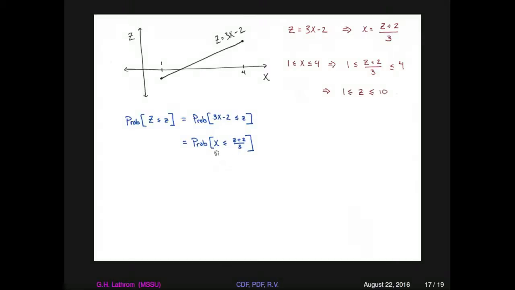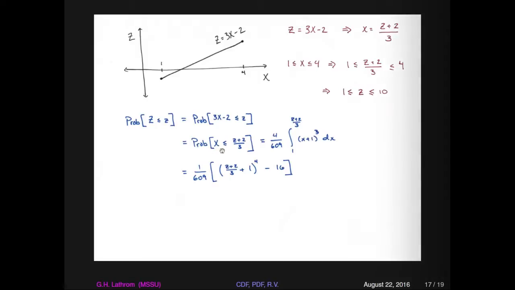Well, we know the CDF of capital X. That's going to be 4 over 609 times the integral from 1 up to (z plus 2) over 3 of (x plus 1) cubed dx. We're able to do the integral on that, and here's our answer.